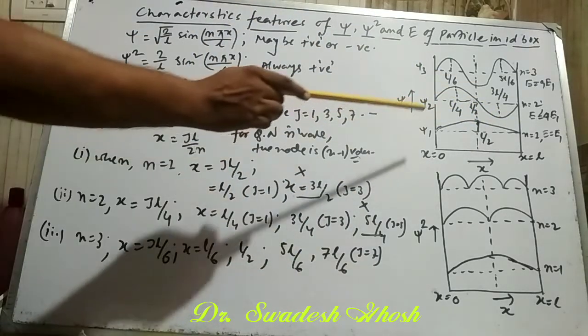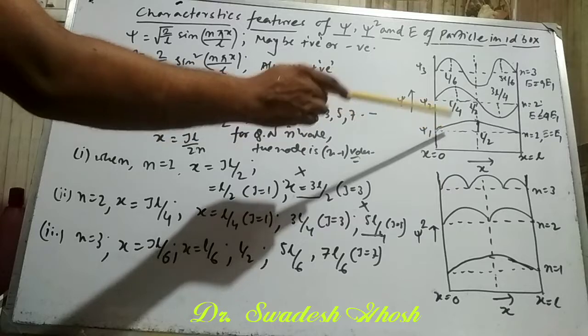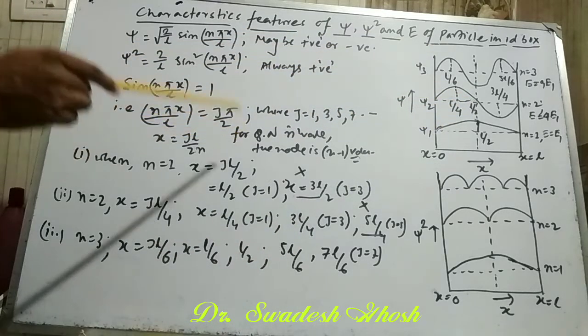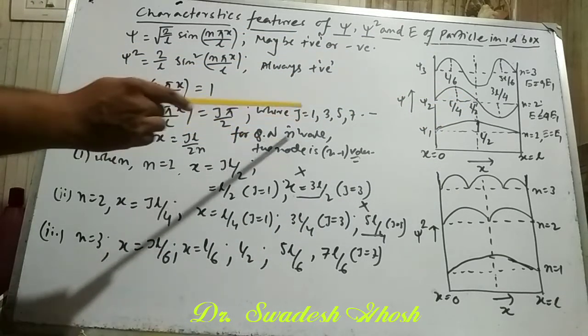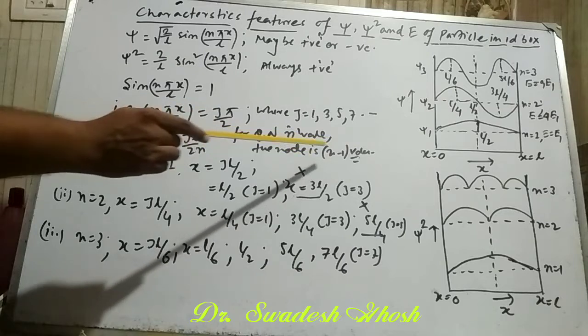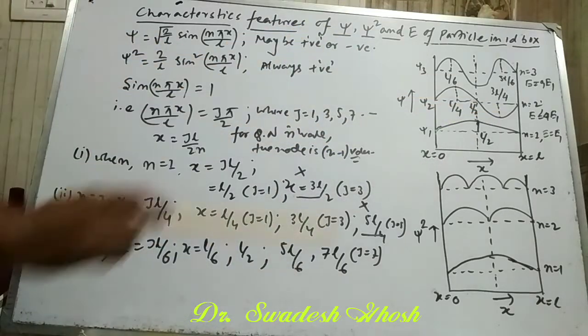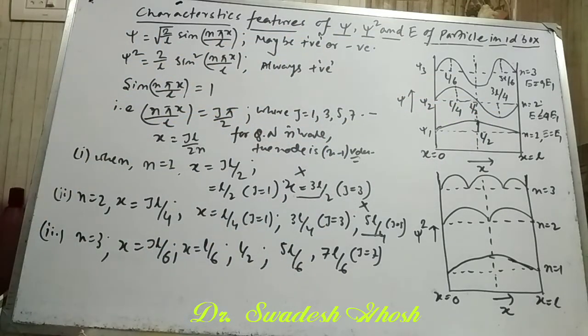Here the number of nodes is 0, because for quantum number n the number of nodes is n minus 1. Now the question arises, what is a node?